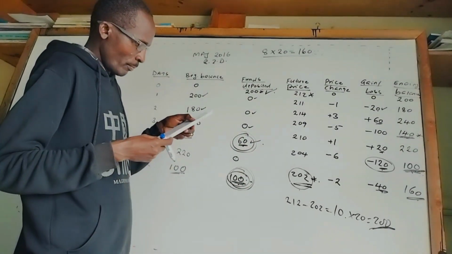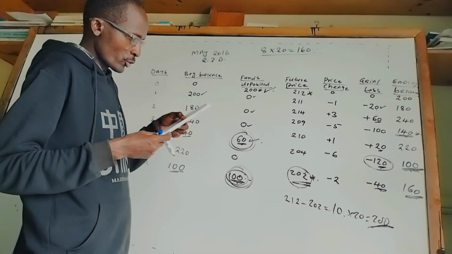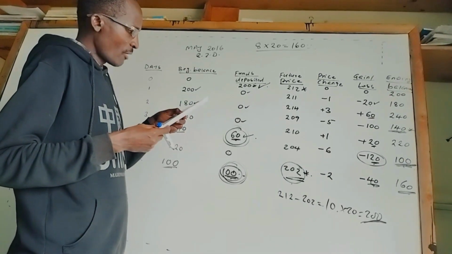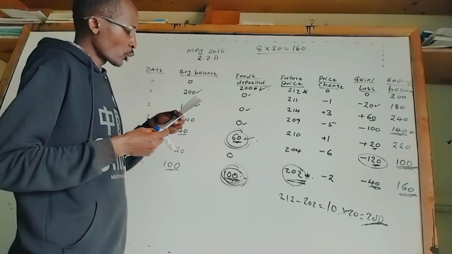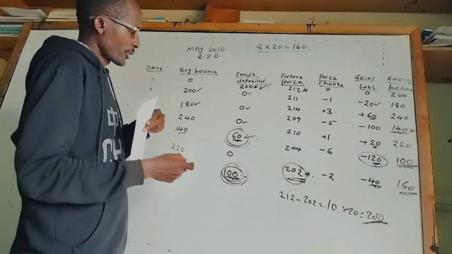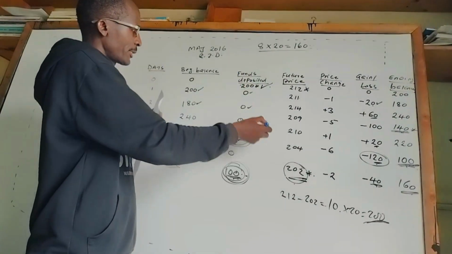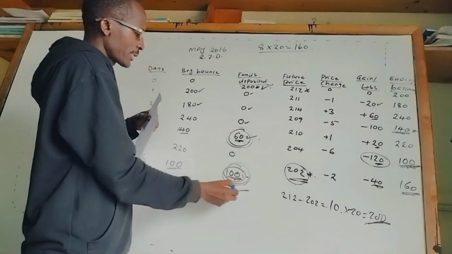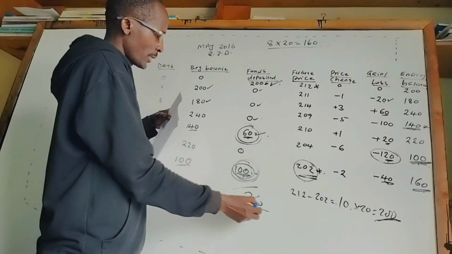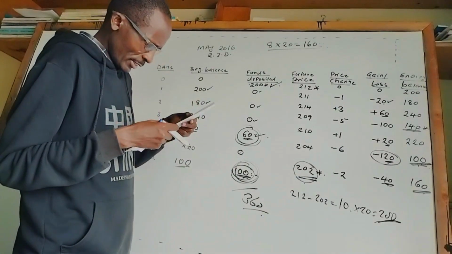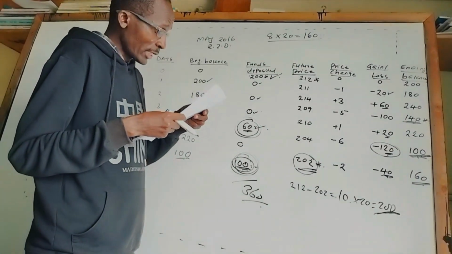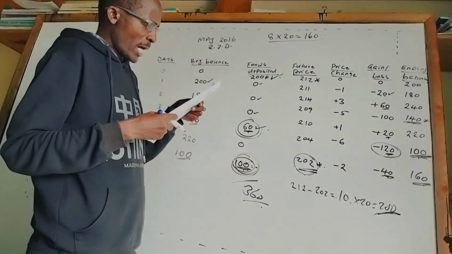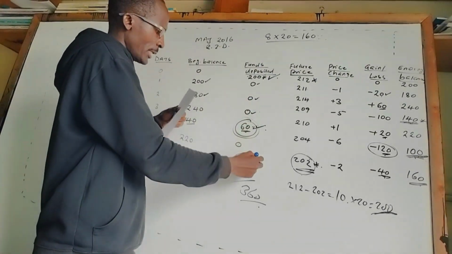I think when you add 200 plus 60 plus 100, that is 360.